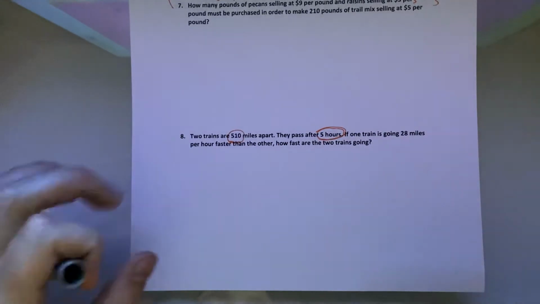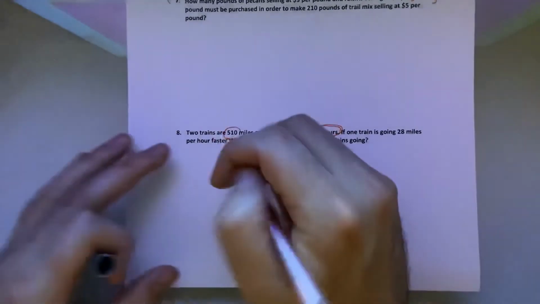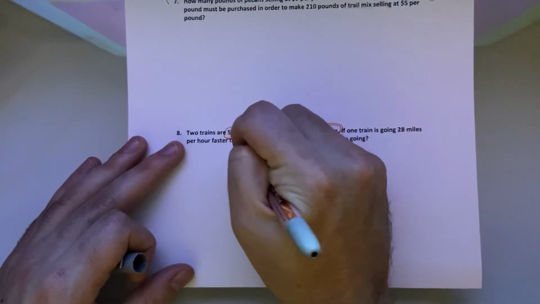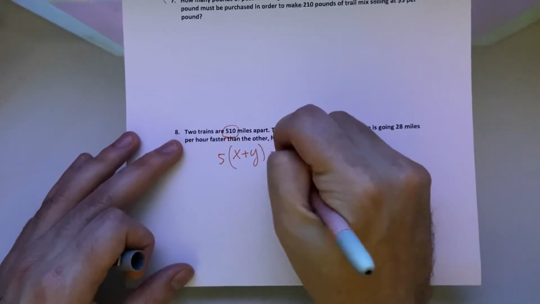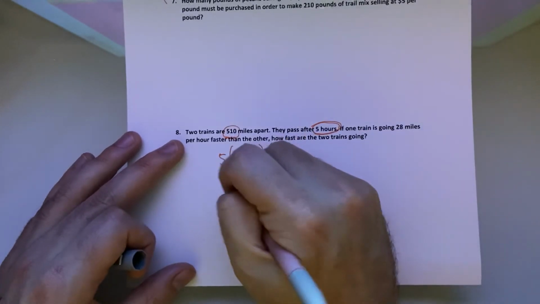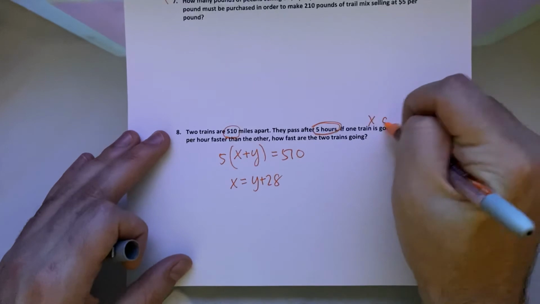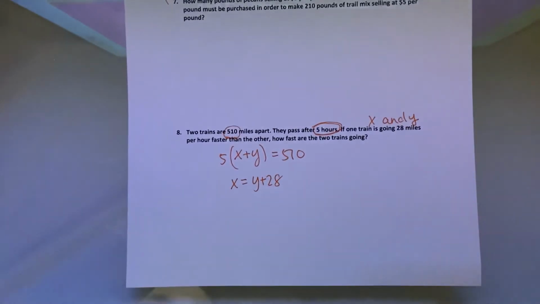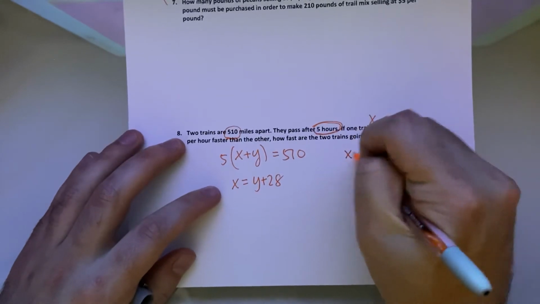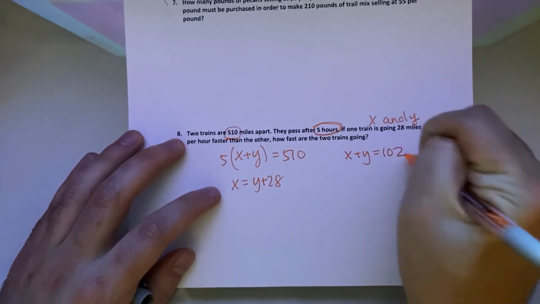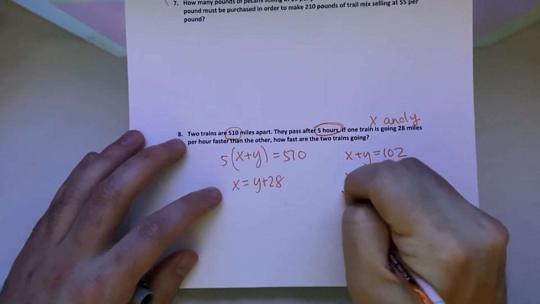If they're going towards each other, we know that their speeds are working together. So we have 5 times x plus y equals 510. And we know that x equals y plus 28. It's going a little bit faster, 28 miles per hour faster. So really this helps us reduce to x plus y equals 102. If I move the y over here, it's x minus y equals 28.